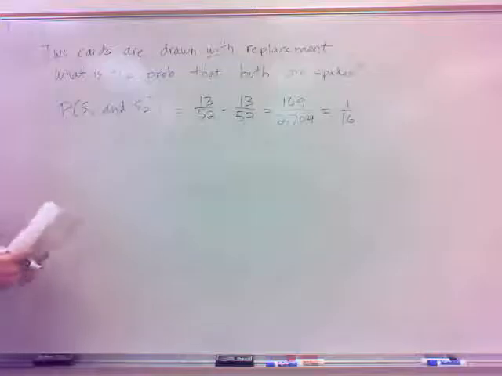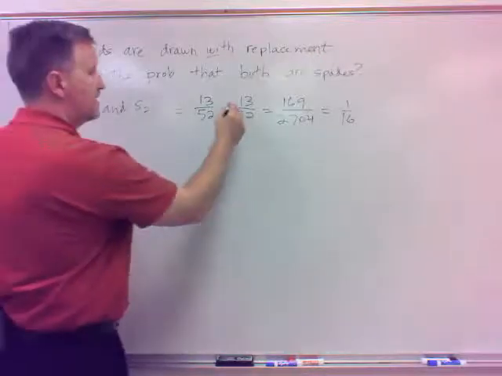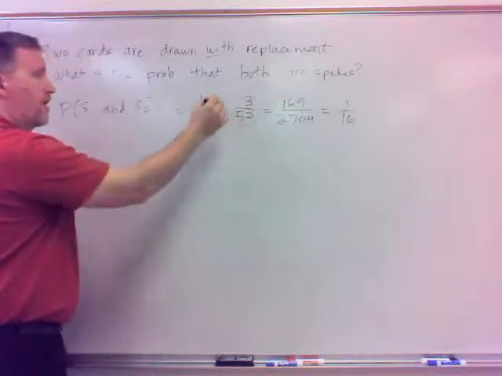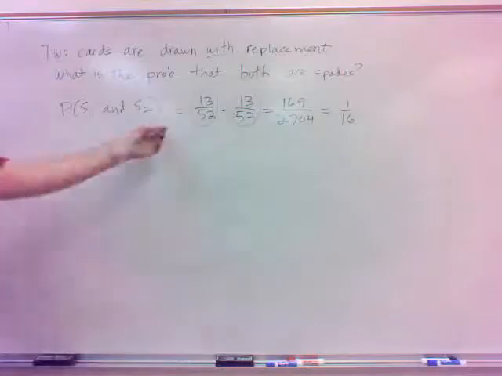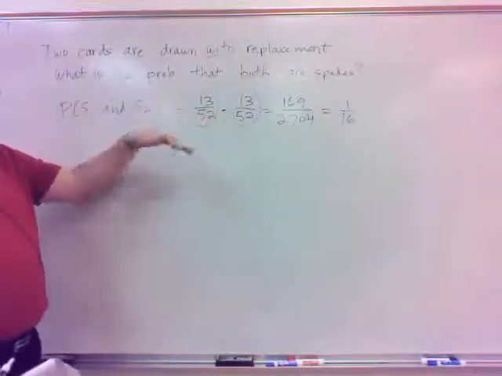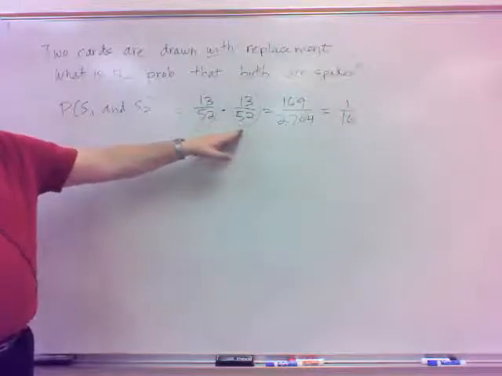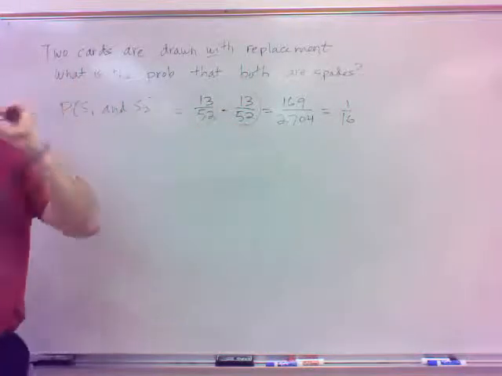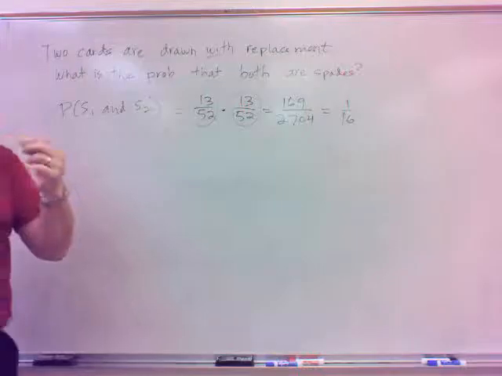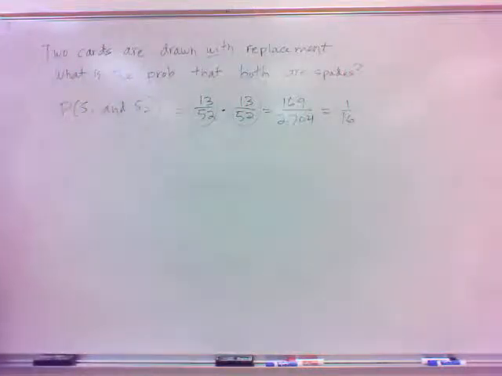Now, tied in with that, let me talk about this. What we saw was this probability didn't change. It was spade here and spade here. Without replacement, this second one changed. With replacement, it didn't. In that case, what we have here is what's known as independent events.